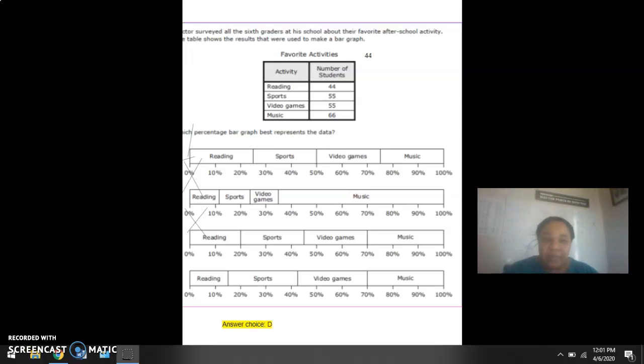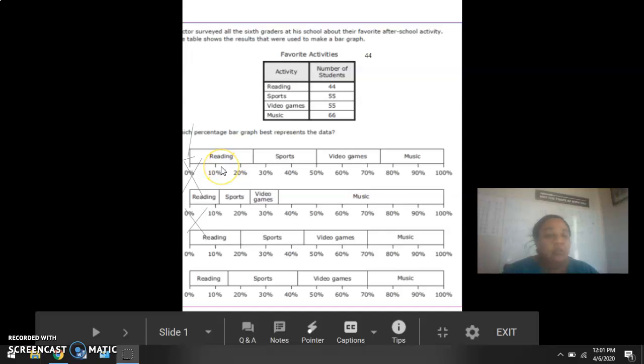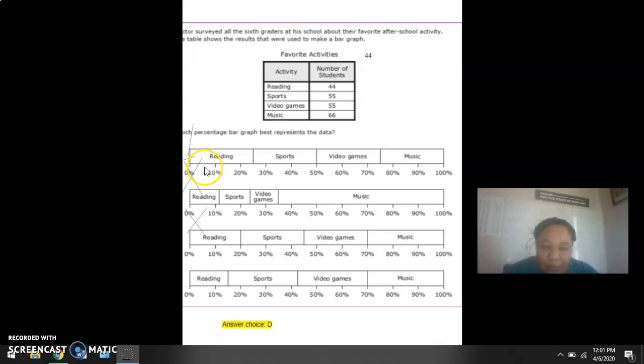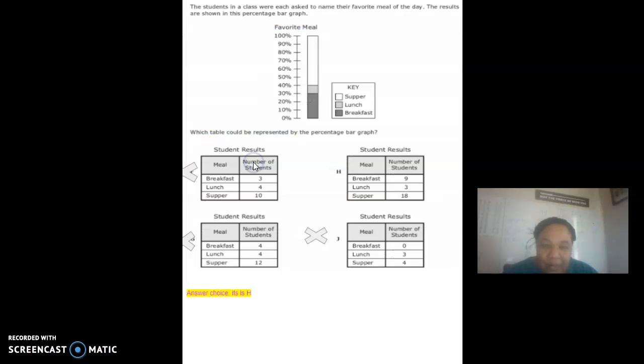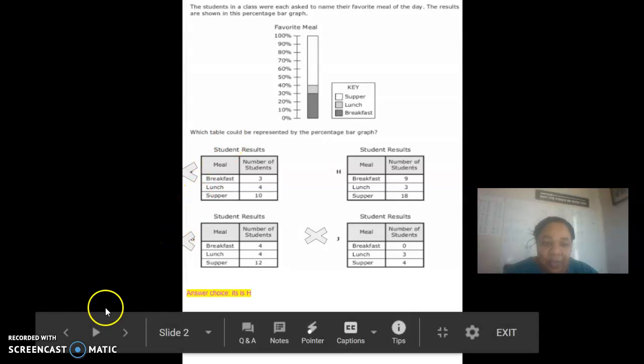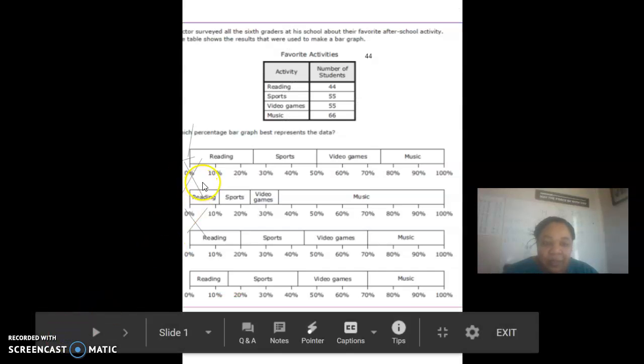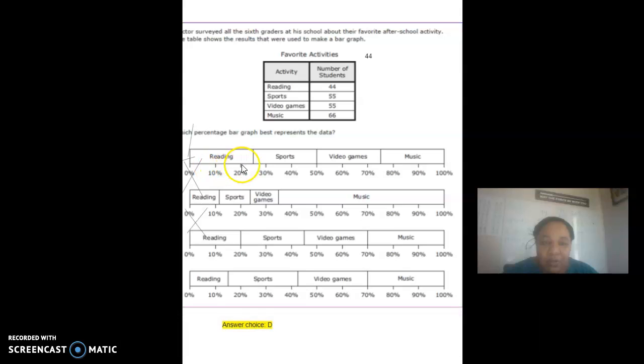What was the first one? 20% in reading. Looking at option A, reading goes from 0 to about 25. We're looking for 20%, so I know that this is not right.